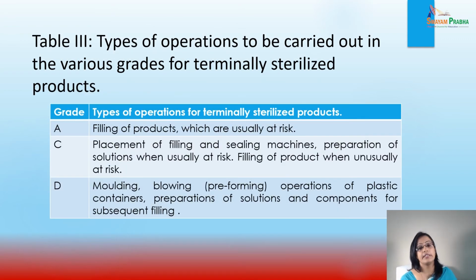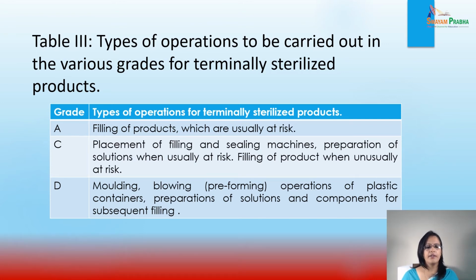Now look at another table, the types of operations to be carried out in the various grades for terminally sterilized product. Okay, grade A, C and D. Grade A: filling of product which are usually at risk.